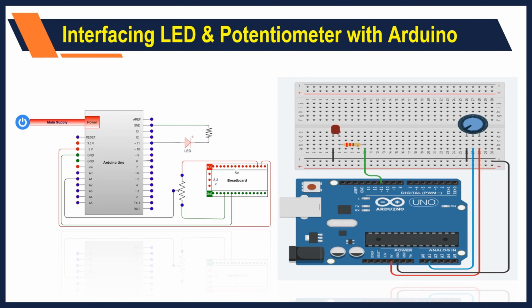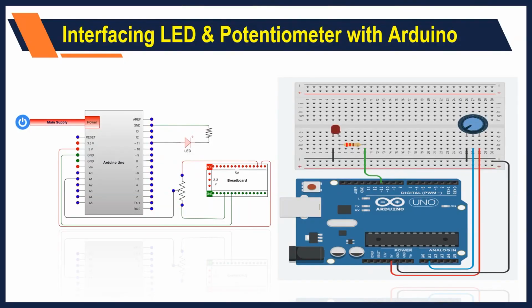So, you can see on your screen now, we have a simple connectivity for interfacing LED and potentiometer with Arduino board. You can see here, we can connect your LED on any of your digital terminals. With the help of a resistance, we can further control current to this tiny circuit.